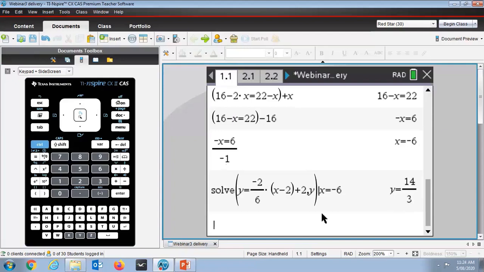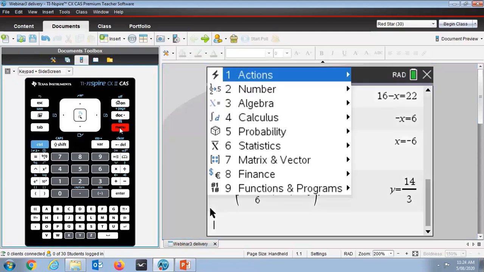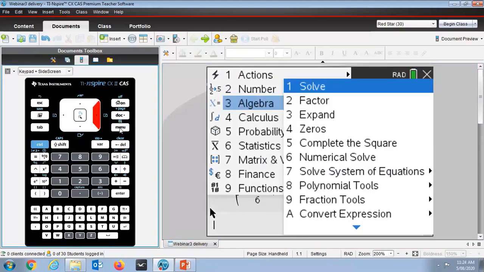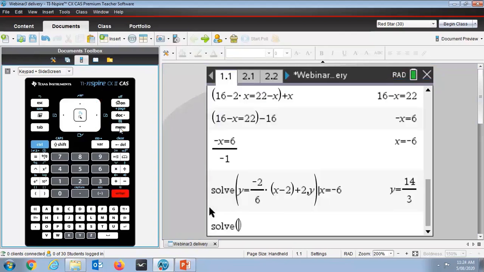Now equation 2, we're going to be using the solve command once again, and I will go to menu, and this time down to algebra. And you notice that's item number 1, so we have solve, and what do we want to solve? Well, we're going to put in equation 2, and we're going to put it in its full form.